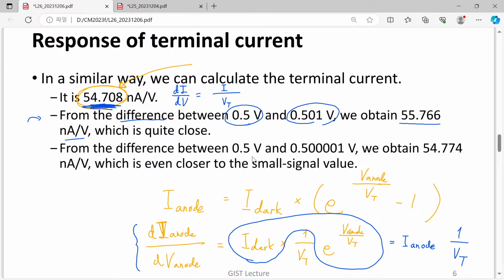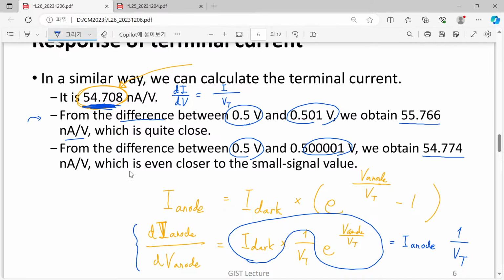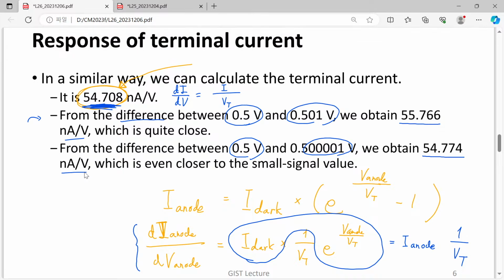So instead of that, I have introduced a really small delta value. Then I have obtained much smaller error originated from this finite difference. Why do we have this kind of problem? Because when we have this one, actually its center point is no longer 0.5.